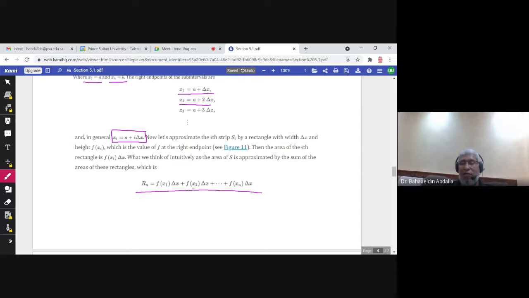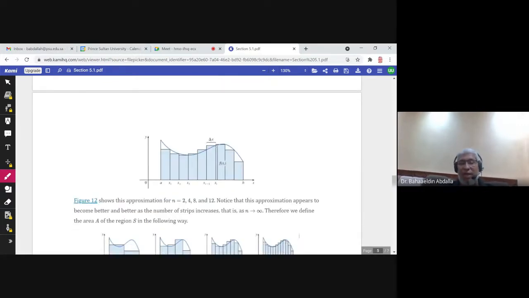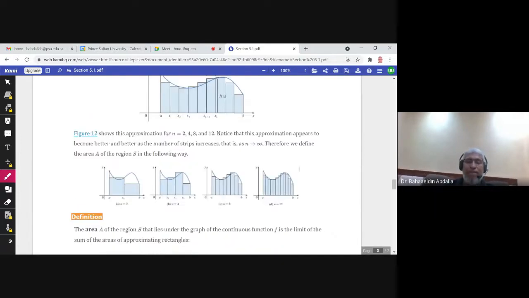This is the length of the second rectangle, and so on. You notice that the width is the same, so you can take it as a common factor. Delta x is always the same, and for f of x, you start by f of x1 because you use the right endpoint, then f of x2 up to f of xn. So when you use the right endpoint, you start from x1.